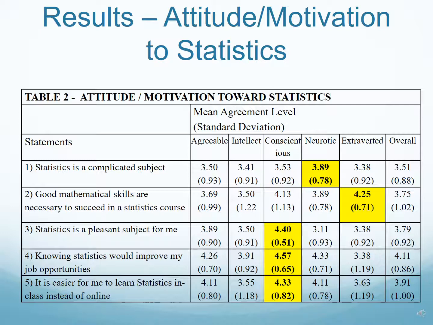Students who fall in the conscientious group show the strongest level of agreement with the last three statements: statistics is a pleasant subject, knowing statistics would improve job opportunities, and it's easier for me to learn statistics in class instead of online. This course under study was offered in class. So we see that the different personality traits give different support for different statements.